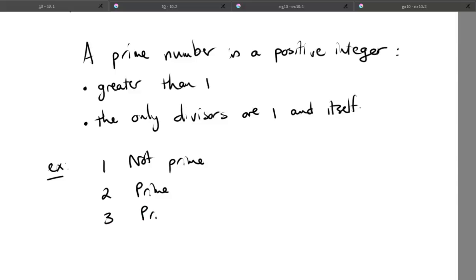Same for 3. 3 is a prime number. 4 is not a prime number because it is divisible by 2, something in between 1 and itself. And so on and so on. You can make a list.